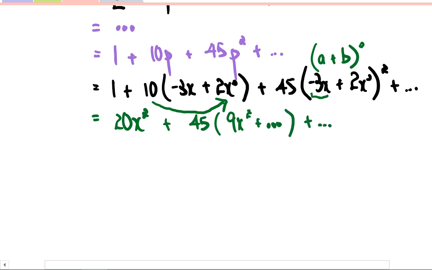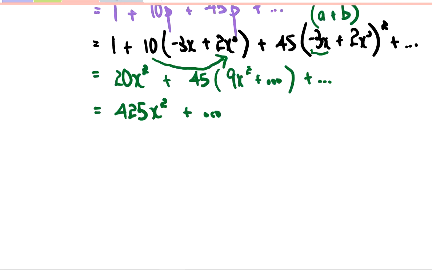So I don't have to worry about the remaining terms, because the only term that will give us x squared in that bracket when expanded will be 9x squared. Now, evaluate all the x squared together. Remember we need to write out the coefficient. So my answer is 45.